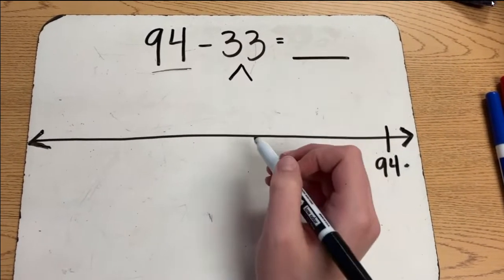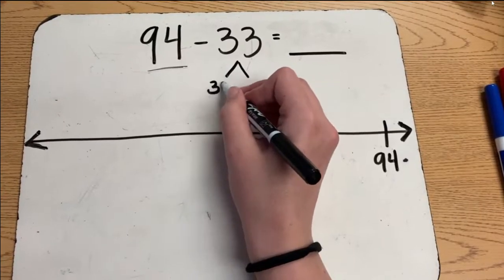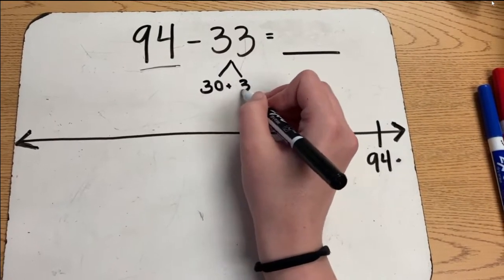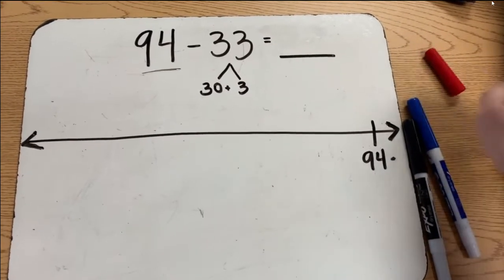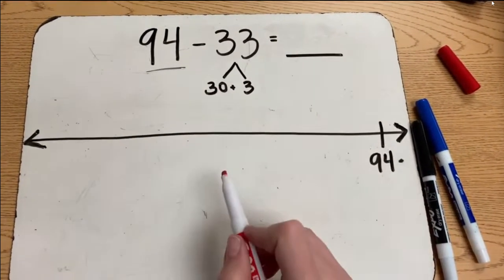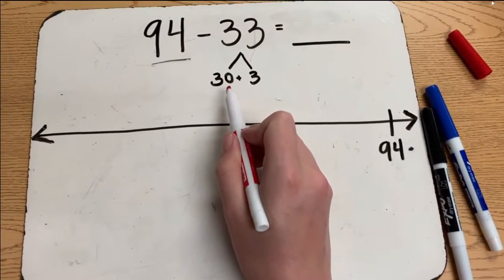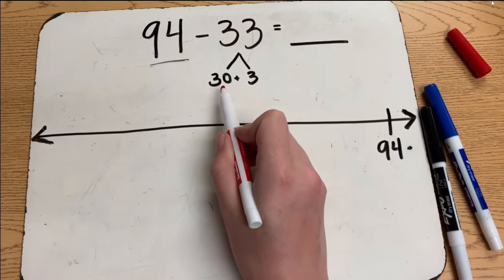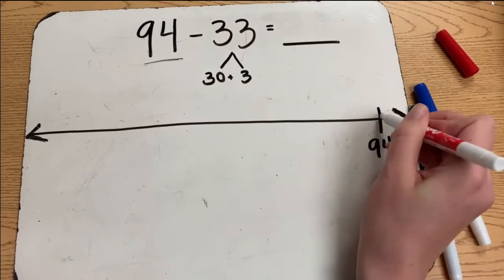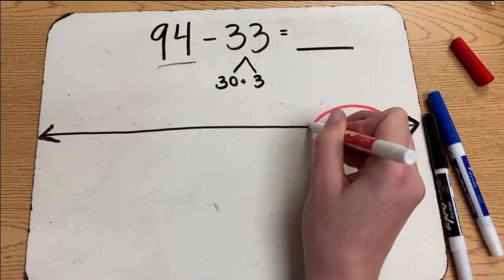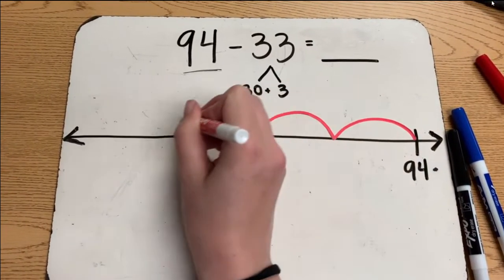33 in expanded form is 30 plus 3. All right? Now, here I go. I'm going to make my jumps with my 10s first. I can make a big jump of 30 if I would like to, or I can make 3 jumps of 10. Let me show you. 1, 2, 3.